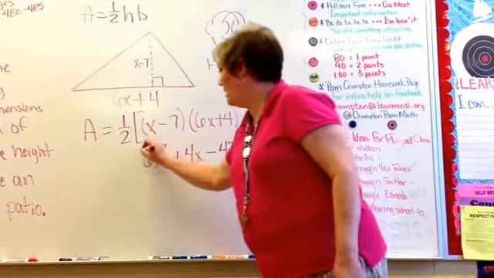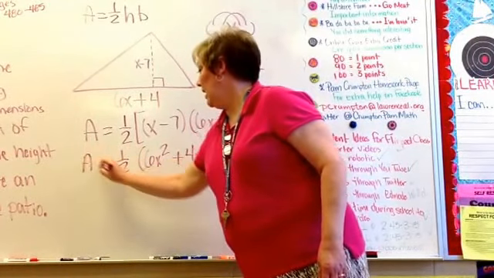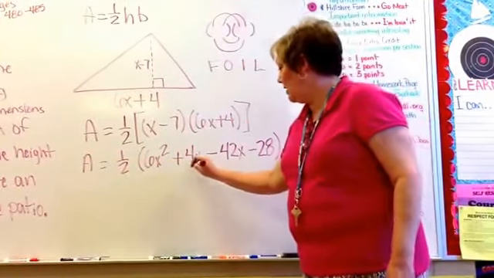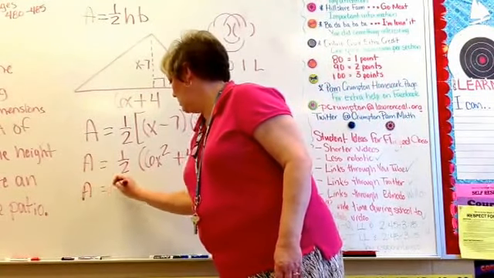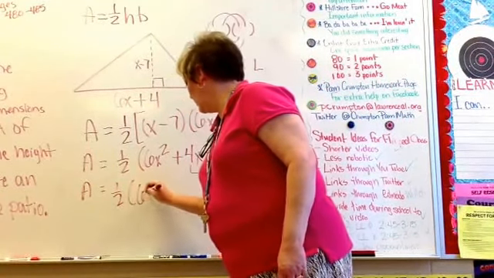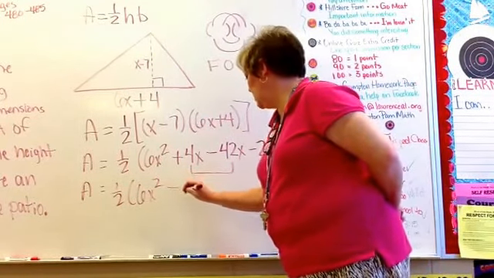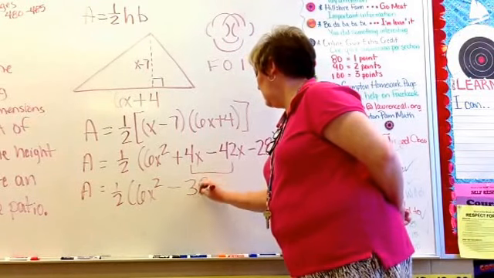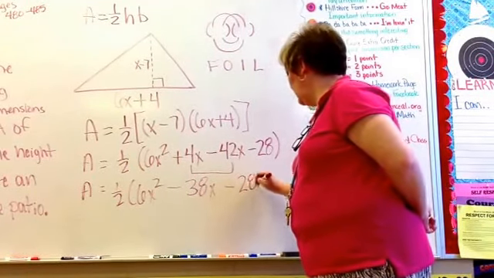Now, I'm not quite done. I can't lose that 1/2. And I've also got to combine some like terms, which are right here. 6x squared minus 38x minus 28.